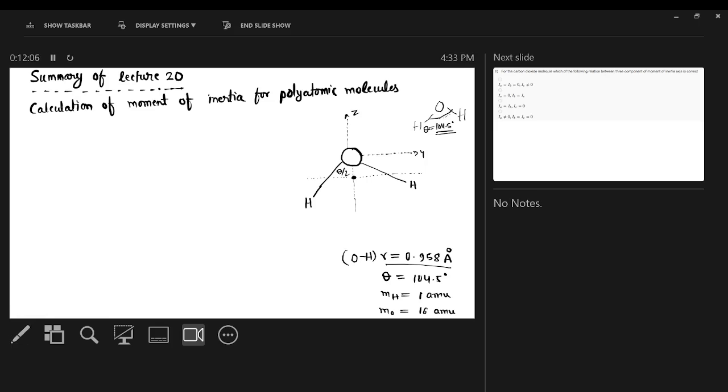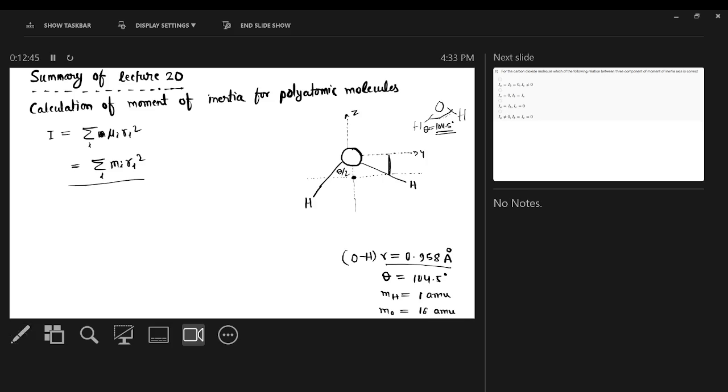Correct. So to calculate the moment of inertia along the y direction, we need this distance. The oxygen atom lies on the y-axis, and for a polyatomic molecule, we know that the moment of inertia is nothing but the summation over i of mu_i r_i square, or in terms of atoms, we can write the summation of m_i r_i square.